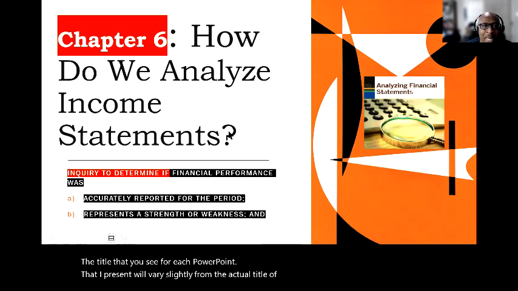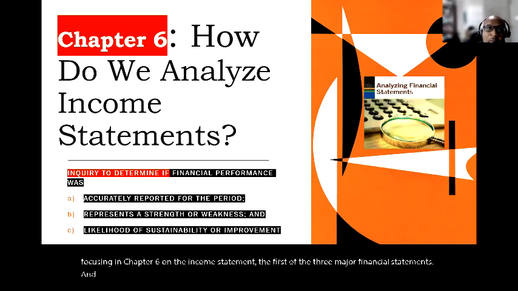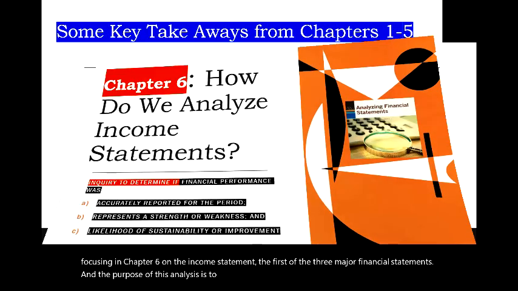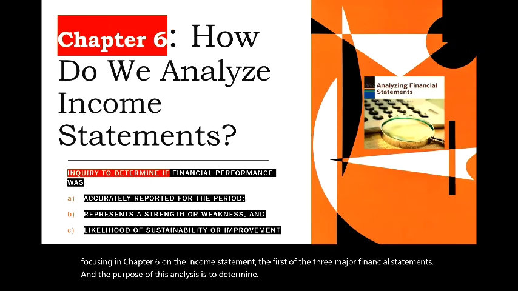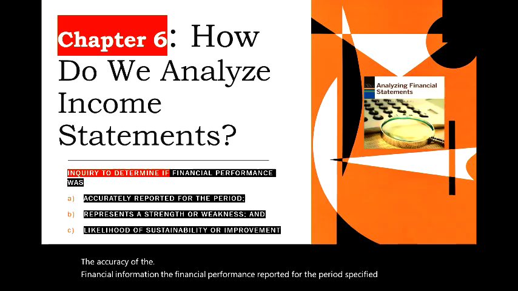your textbook. In any case, we are focusing in Chapter 6 on the income statement, the first of the three major financial statements. And the purpose of this analysis is to determine the accuracy of the financial information, the financial performance reported for the period specified in the income statement.